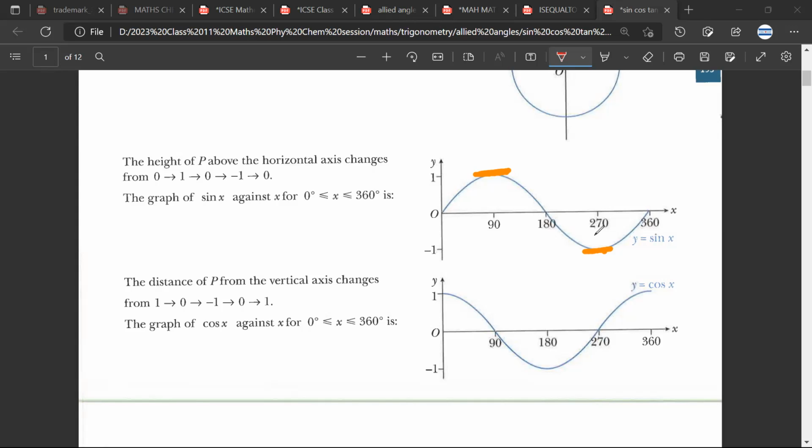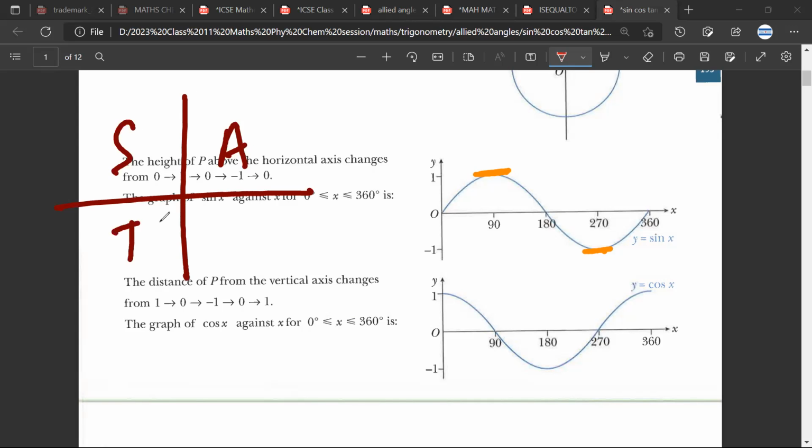Okay. The second thing that I wanted to tell you was the same thing that we had learned in all sine tan cos. The same thing would be verified here also. So if you see, this is my first quadrant. Here sine is positive. This is my second quadrant, 90 to 180.